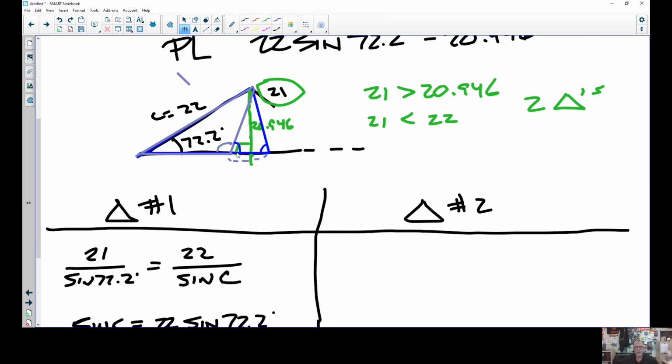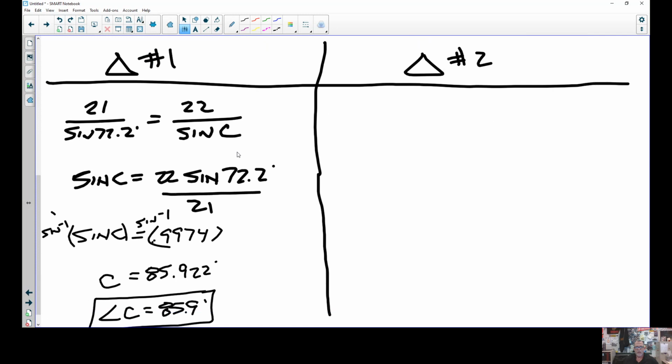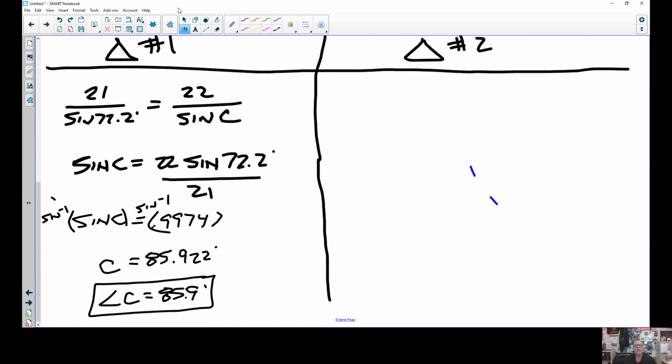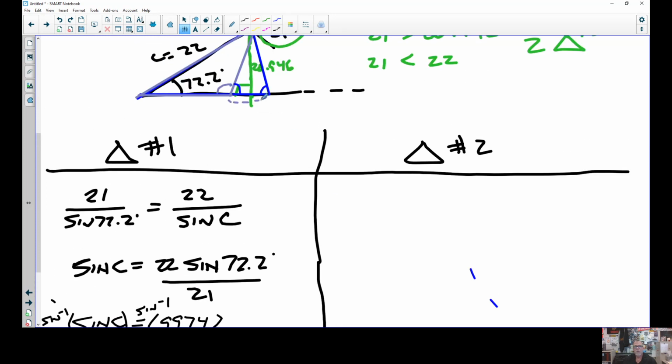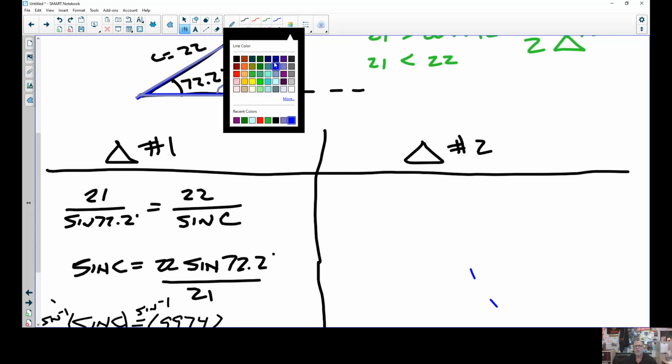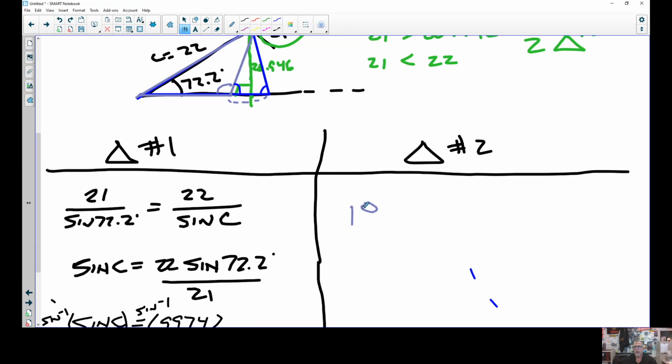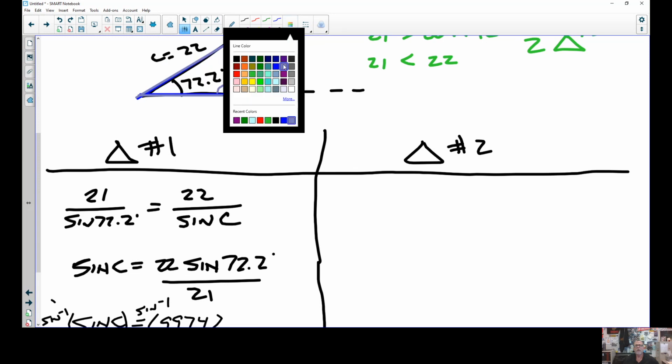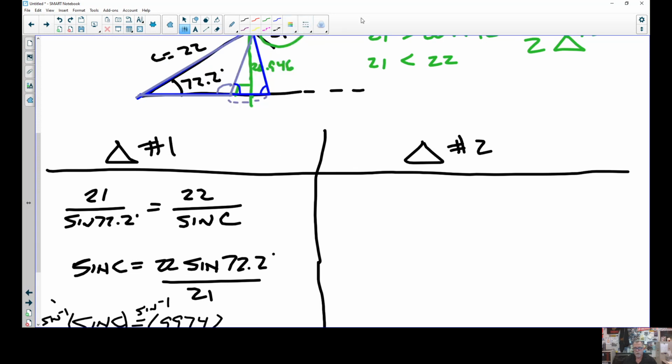So that angle I found down here, this angle that's 85.9 degrees, is this angle up here, right here. So when I'm looking for this angle, I'm going to go over here and say 180 degrees, and this is another angle C. I'm going to write this as angle C for triangle 2.